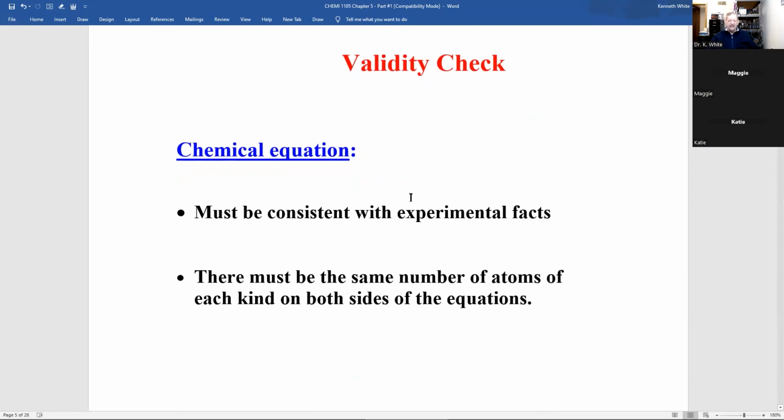Now, there's a validity check. A chemical equation must be consistent with the experimental facts. What does that mean? Well, let's go back to this reaction.